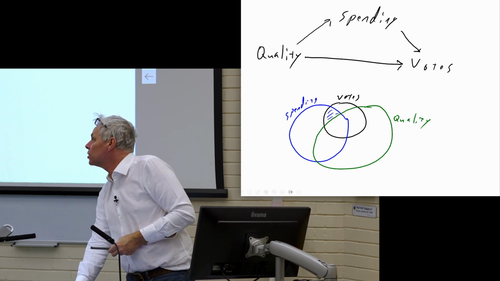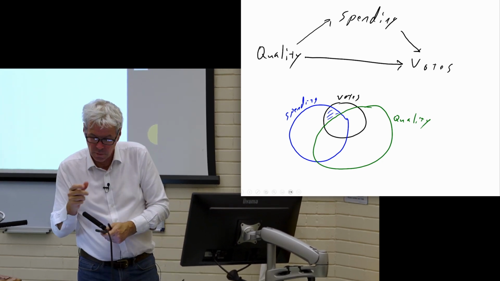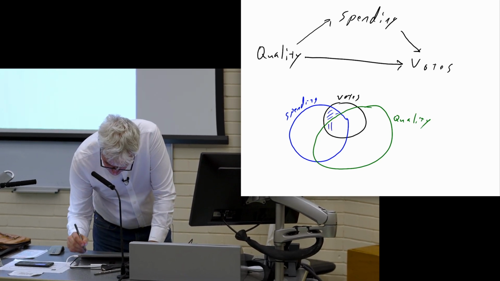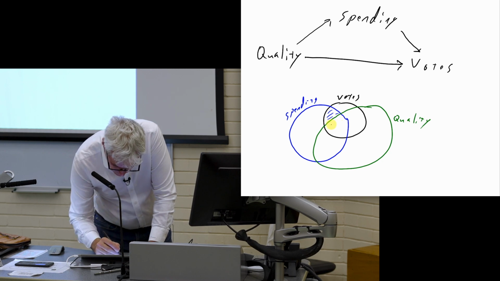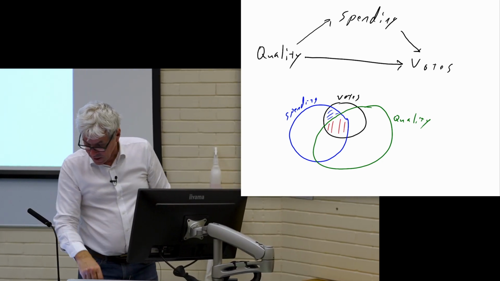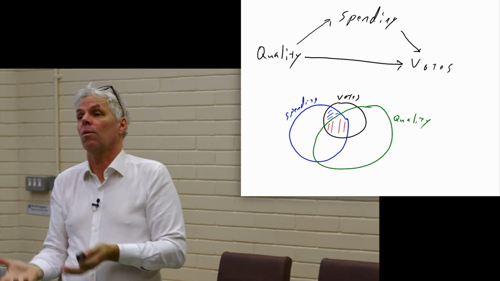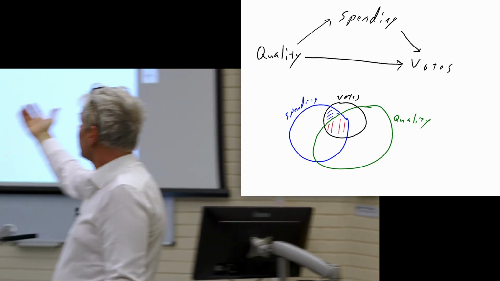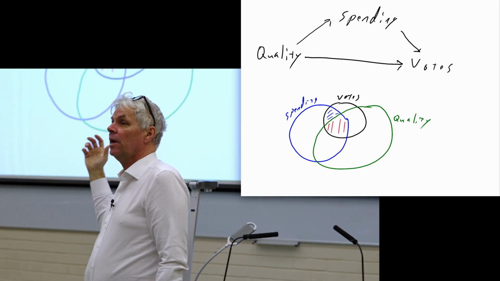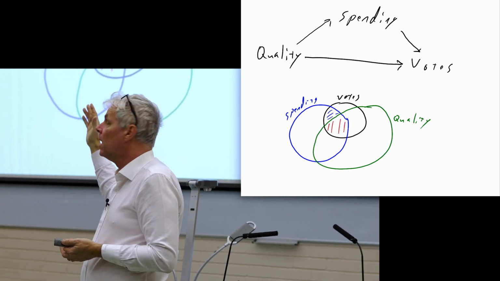So we only want to use a certain amount of the variation in spending and votes, and we would like to leave out the red area, ideally, right? Because that's the area where spending and quality are moving at the same time, and they're moving along with votes. There's definitely an effect there, but we can't tell whether it's quality changing votes or spending changing votes. So we would like to leave that out because we can't attribute it just to spending, right?